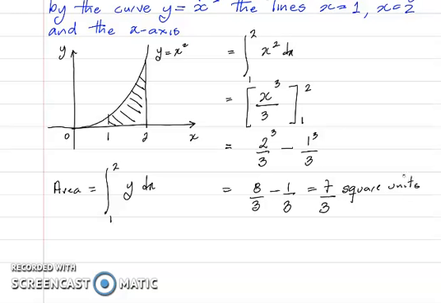So the area under the curve y is equal to x squared, bounded by the lines x is equal to 1, x is equal to 2, and the x-axis, that area is 7 over 3 square units. Let's have a look at another question.